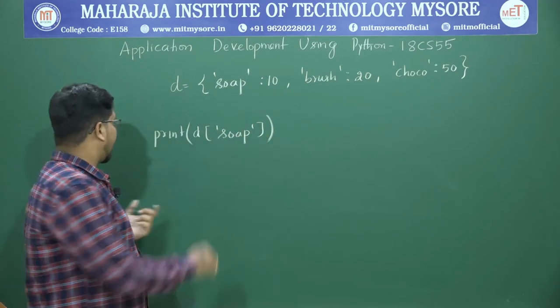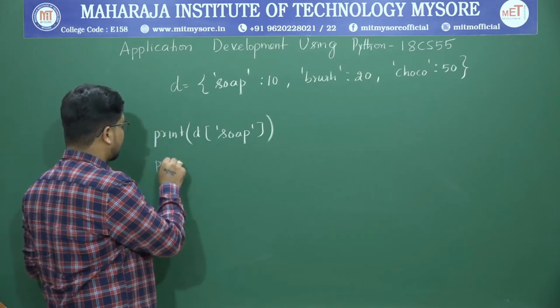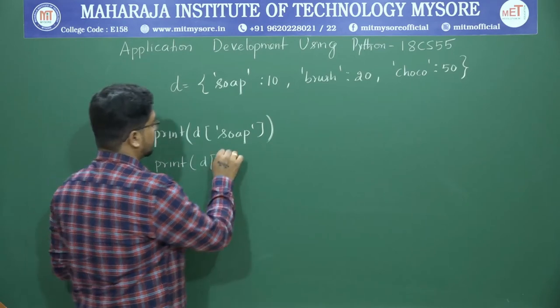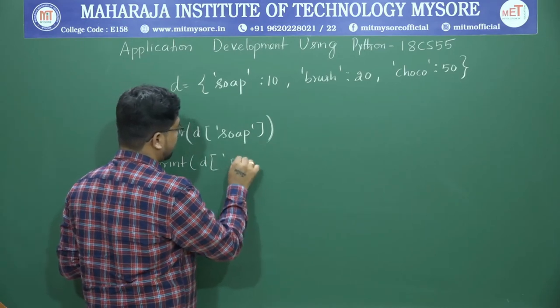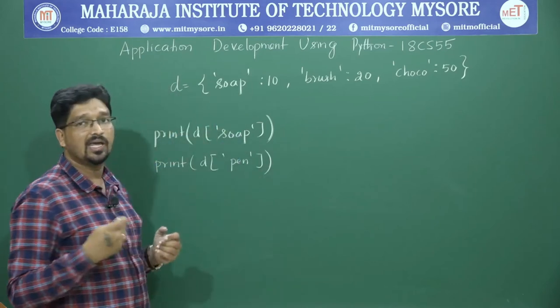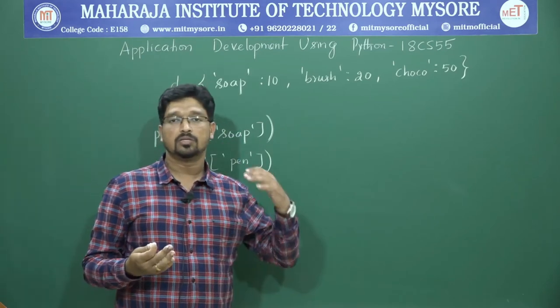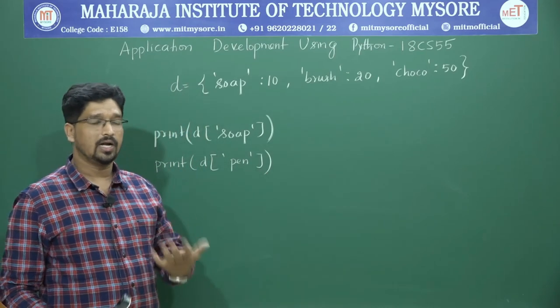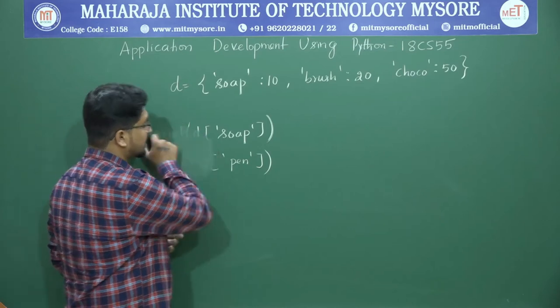If you enter any item which is not present in the dictionary, again it's an error, correct? D of, let us say, pen. Pen is not present in the dictionary, so there is a key error, because that particular key is not present in the dictionary. This is how we access an individual item.